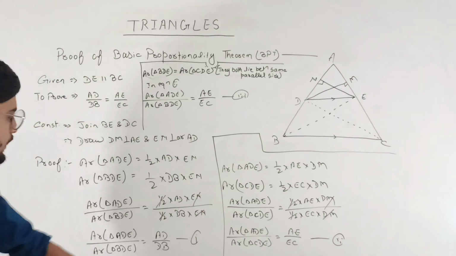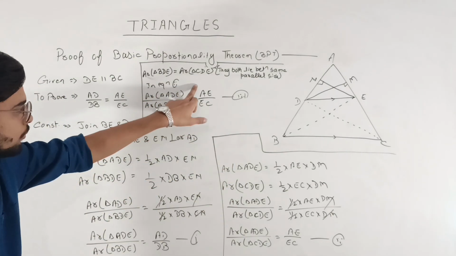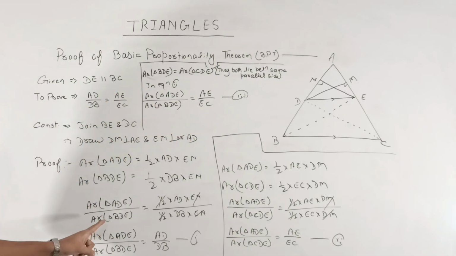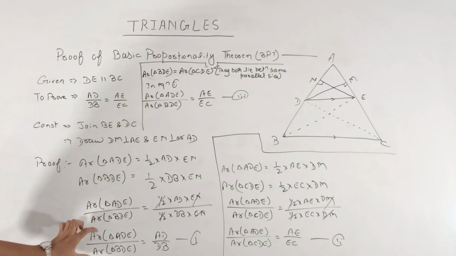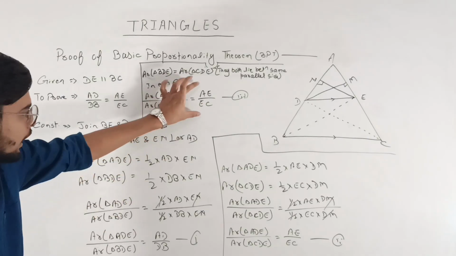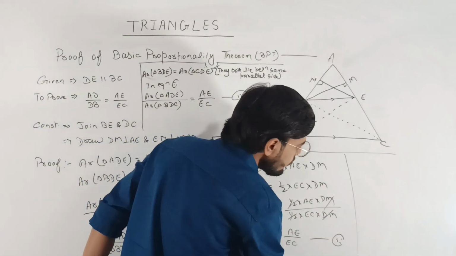Okay. Now look at equation first and equation third. Area of triangle ADE upon BDE is equal to AE upon EC. Area of triangle ADE upon area of triangle BDE is equal to AD upon DB. LHS and LHS are equal. That's why RHS is also equal. So I write it here.